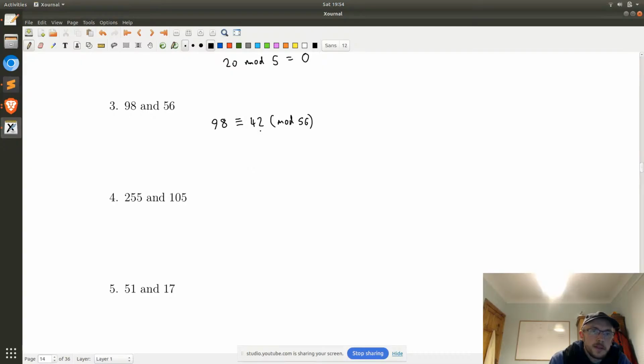All right, so now for 56 and 42, well, that would be 14. So 56 is congruent to 14 modulo 42.